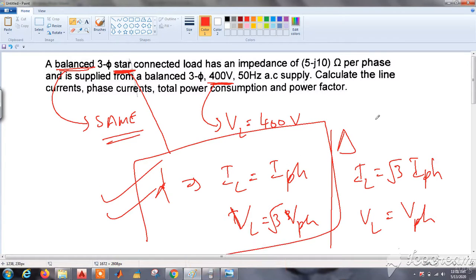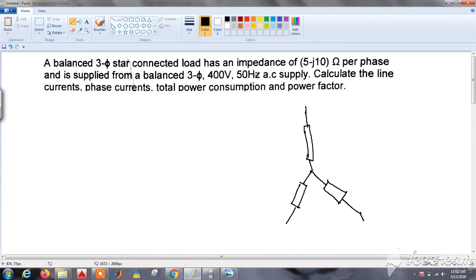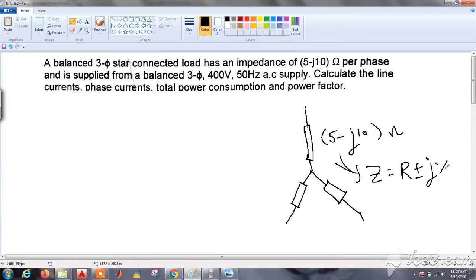Now let us draw the circuit diagram. Like this it is connected, and the impedance value of each is 5 minus J10 ohms. We know that this is Z, written in the format R plus or minus jX, or can be written as R plus jXL minus jXC.